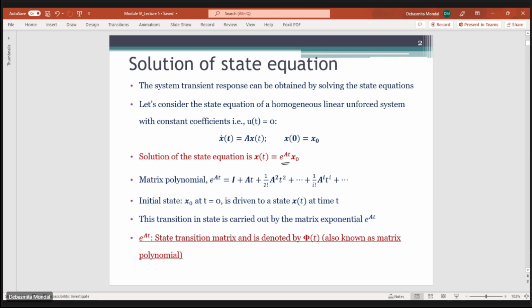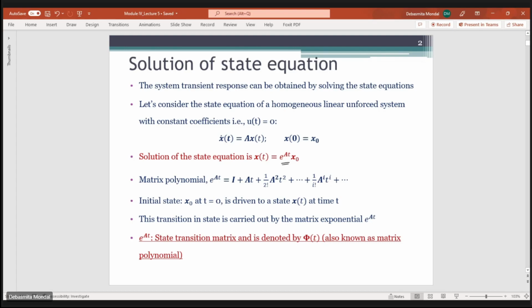Okay, so this was the case where there was no input to your system. Now we'll see the case of a forced system. A forced system means the value of u t, the input to the system, will no longer be equal to 0. There will be a finite value of the input.